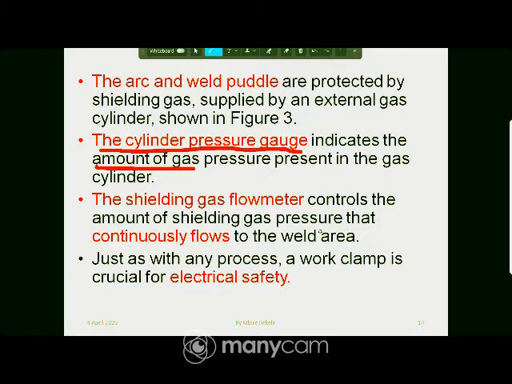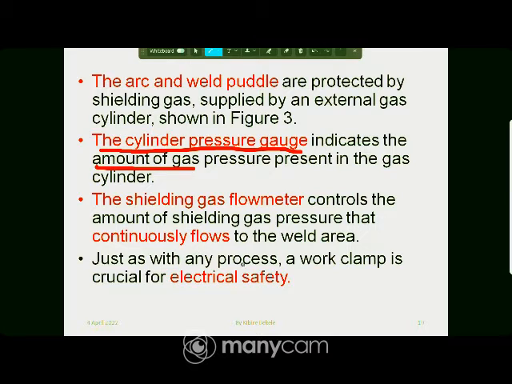When we are using an electrode diameter of 1 millimeter, the flow must be equal to the diameter of the electrode times 10. This means 10 is allowed to shield the welding area, so it must be adjusted on the flow meter.